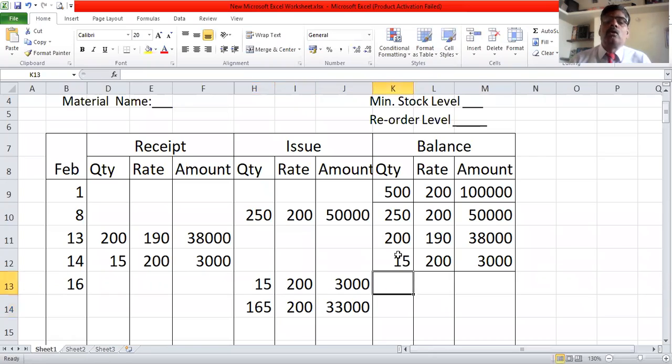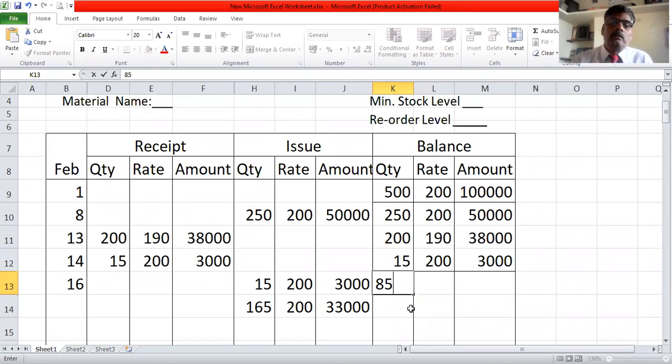33,000. Now the balance: out of 250 units, 165 issued. Then what is the remaining quantity? 250 minus 165. I think it is 85.